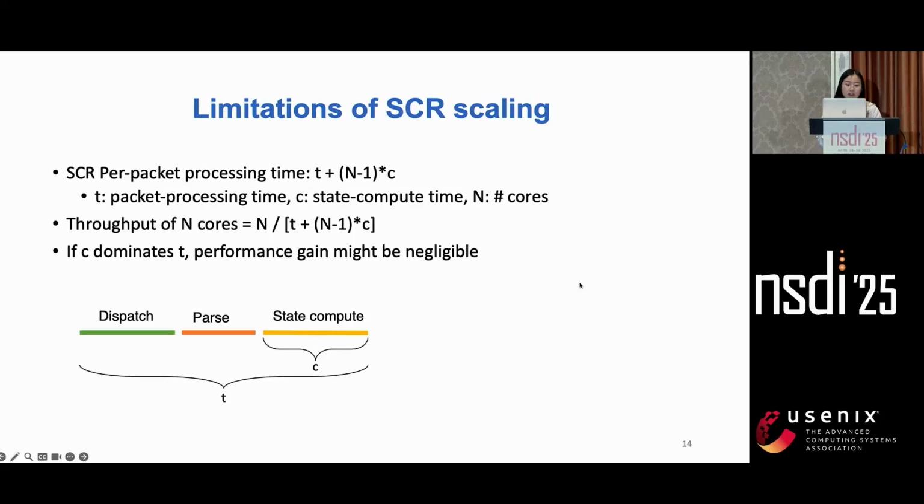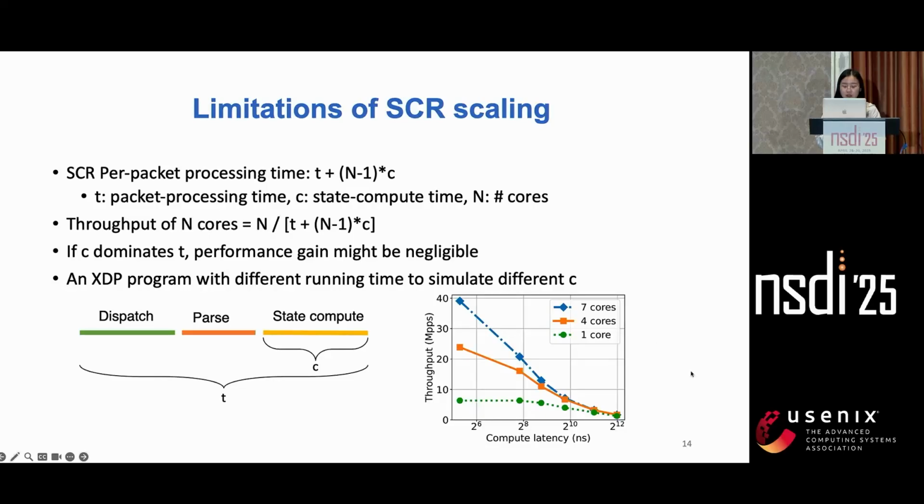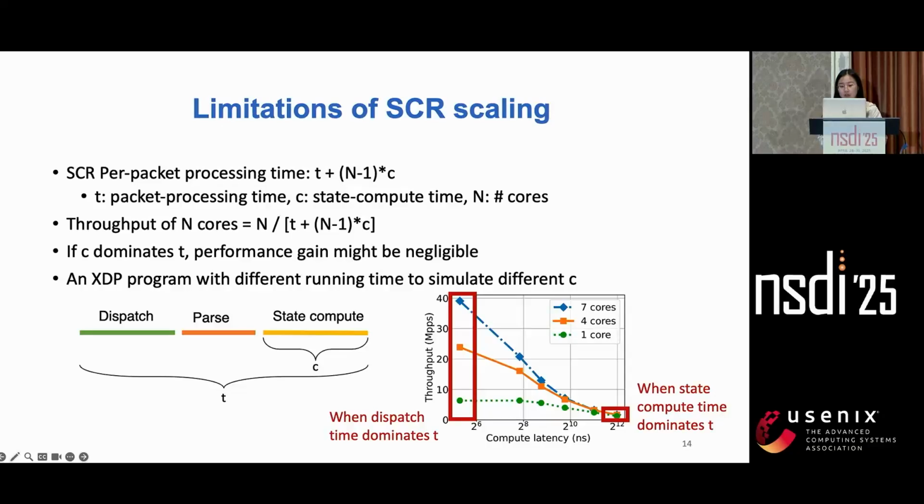And we found that if C dominates T, the performance gain might be little. So we use an XDP program with different running times to simulate different C. And we see that when the running time is little, meaning when dispatch time dominates T, the performance gain is significant. However, when state compute time dominates T, we see that there's only little performance gain.